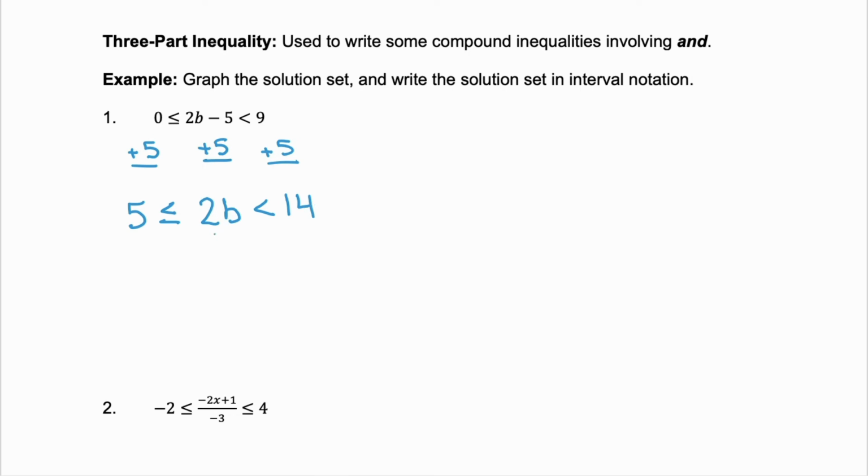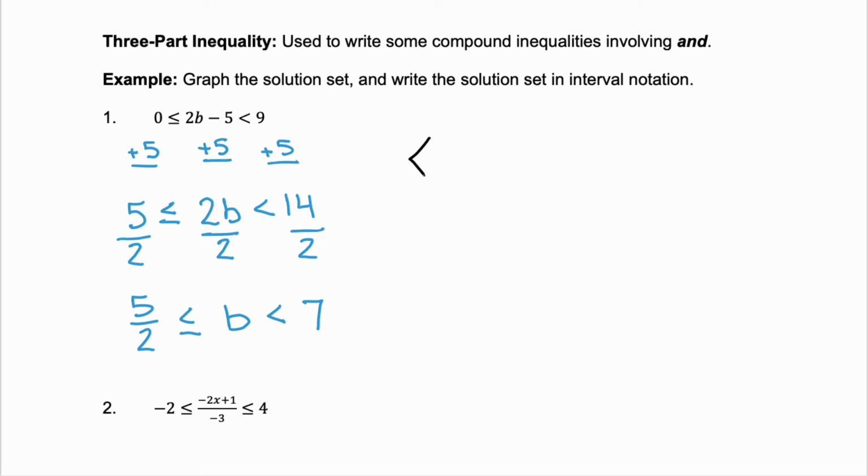Now, to isolate b, we're going to divide by 2. Again, do that to all 3 parts. On the left, you have 5 halves, less than or equal to, and you have the b, and you have the less than, and you have 14 halves, or 7.